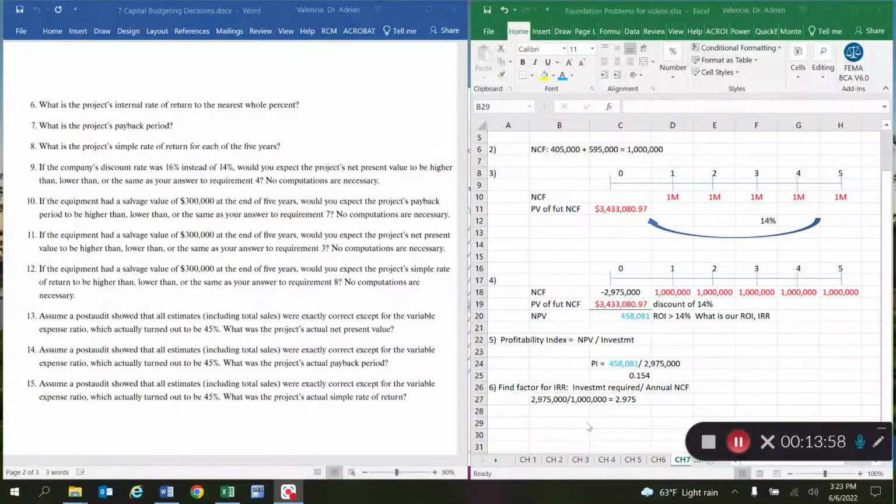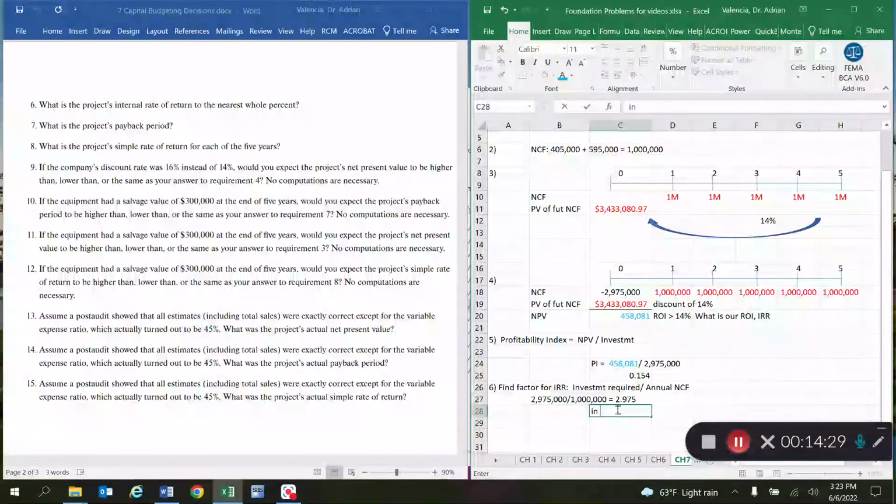So if you were to go to a present value of an annuity table and you go down the 5-year mark, okay, so you're going to go down the 5-year present value of an annuity table, and you start looking at what column is closest to this number, what you'll find is that the 20% column has a factor of 2.991.